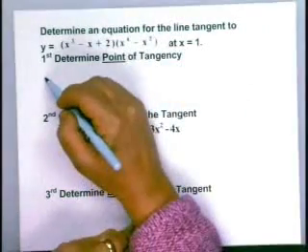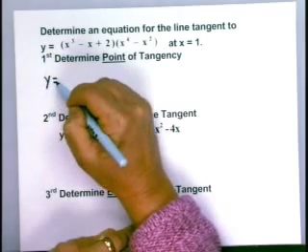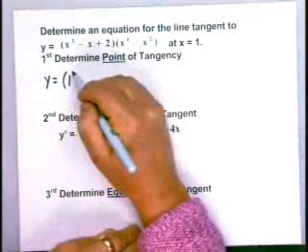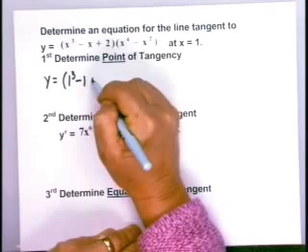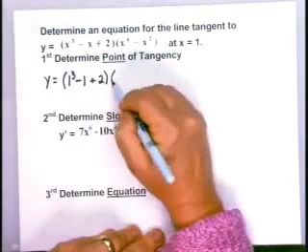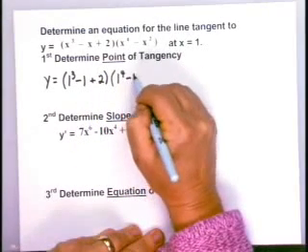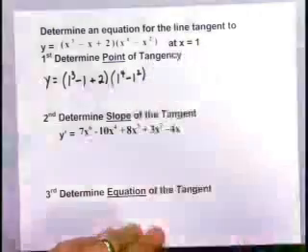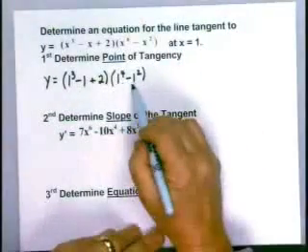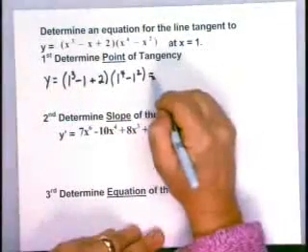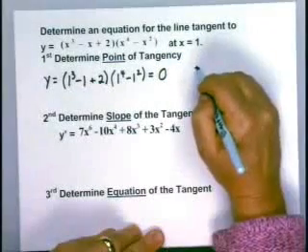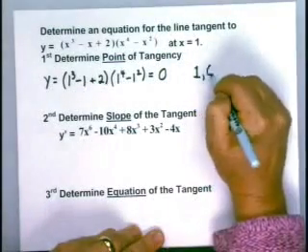So to do that, we will take the original function and plug 1 in. That would give us 1 to the third minus 1 plus 2, multiplied by 1 to the fourth minus 1 squared. Notice that in the second set of parentheses we have a 0, so that means that this product will be 0. So the point of tangency, x is 1, y would be 0.